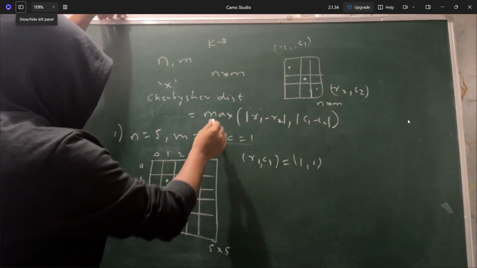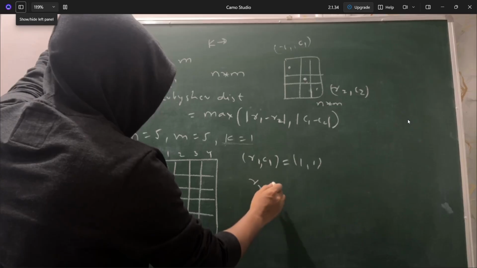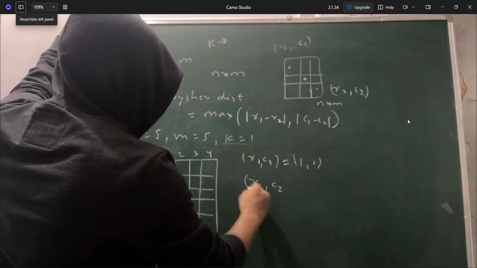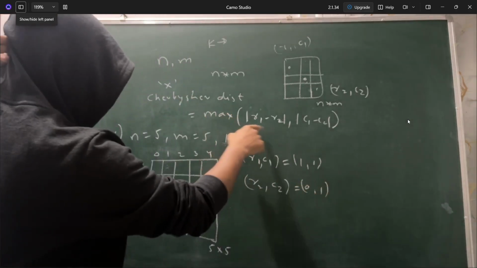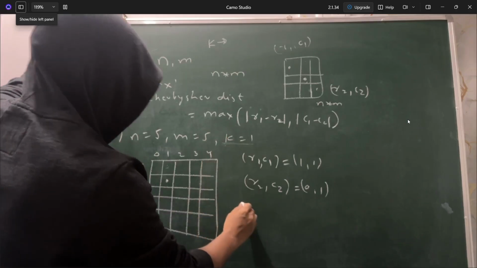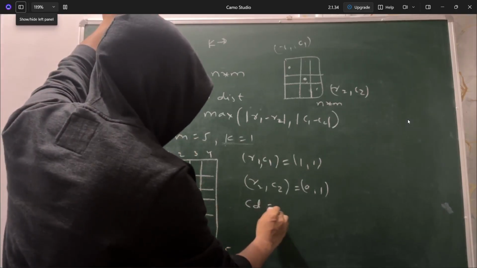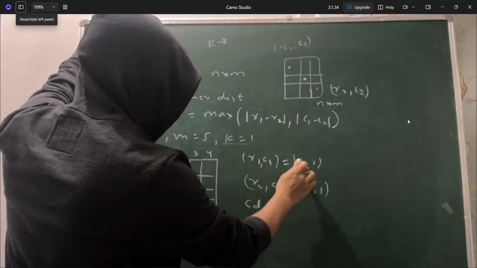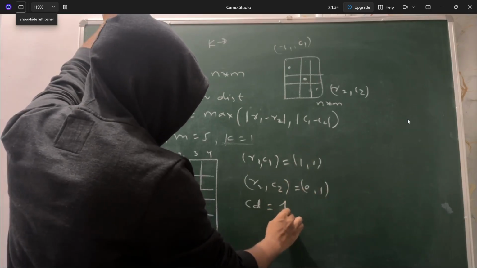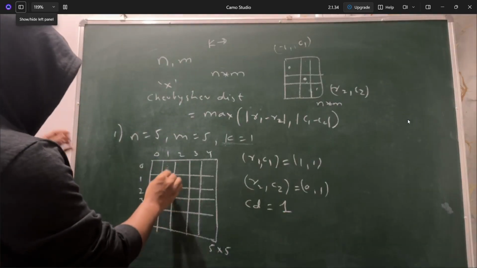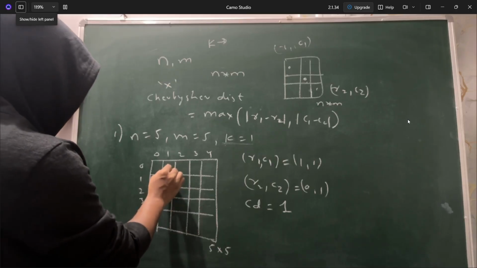If you take this cell, 0 comma 1, as R2 comma C2 and find its Chebyshev distance, it is given by R1 minus R2 in absolute value, which is 1, and the column difference is 0, so the max is 1. At this point the distance is 1, so this sensor can sense here as well.